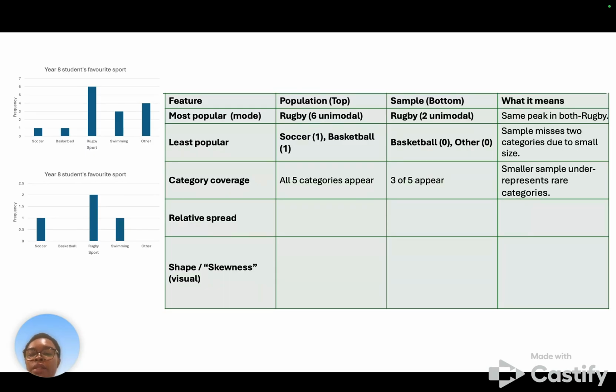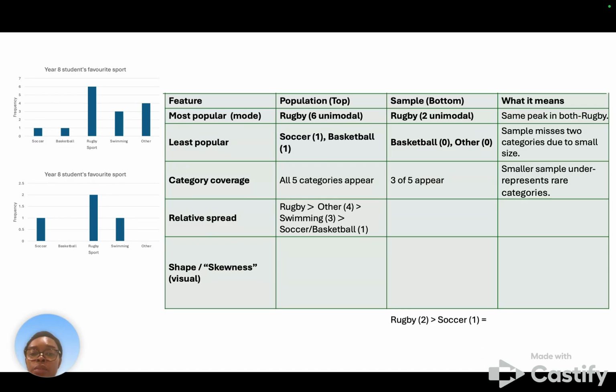Now we look at the relative spread. The relative spread of the population graph shows that rugby, obviously with the highest frequency, is higher than other, and other with a frequency of 4 is higher than swimming. Swimming with a frequency of 3 is higher than soccer and basketball, both of which have a frequency of 1.